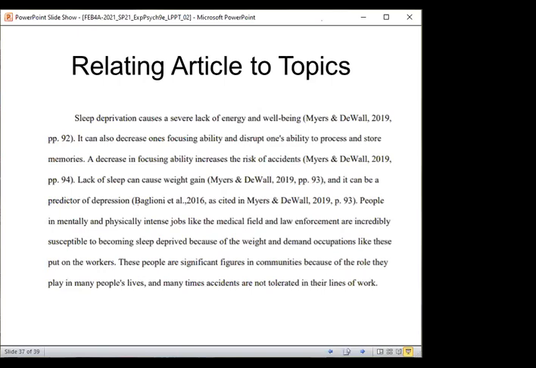So here, what they're doing is relating some of the stuff they got from the current event article, demonstrating they understand that, and showing us how they can relate it to the stuff that has been discussed or will be discussed in class or in the textbook.